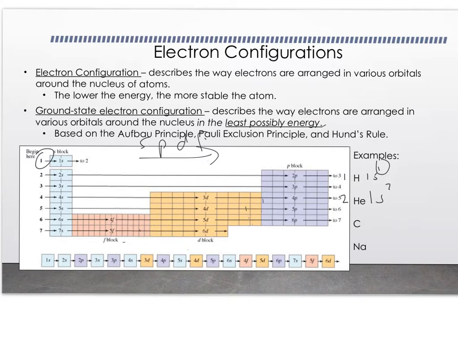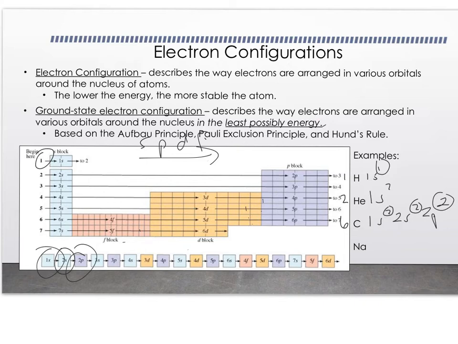Carbon is element number 6, so I first fill up my 1s with 2 electrons, because that's the maximum number of electrons. Then I go on to my 2s and fill that with 2 electrons. Now I have 2 plus 2 is 4. Now I go on to my 2p, and I fill it with 2 electrons, because now I have 2, 4, 6 electrons in my electron configuration.